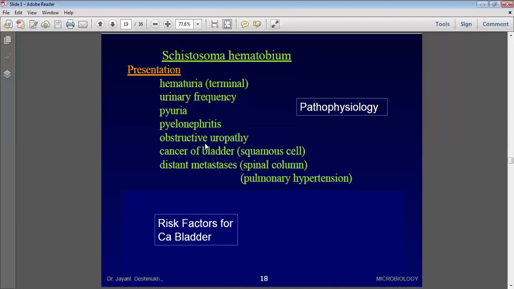One is urogenital lesions, where the urinary bladder wall gets involved and causes cystitis glandularis. That is the first. Second important in chronic disease is obstructive uropathy: the ureter gets obstructed and there is a clinical presentation. Third is bladder cancer.